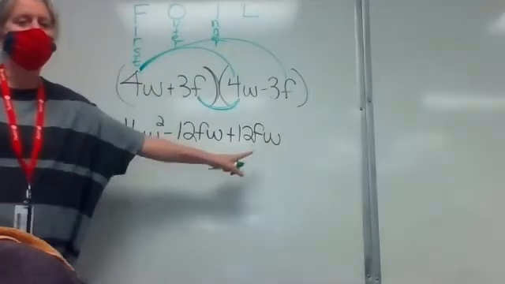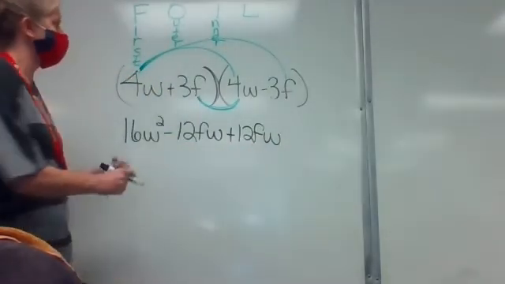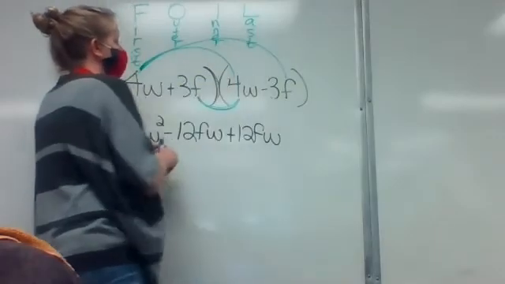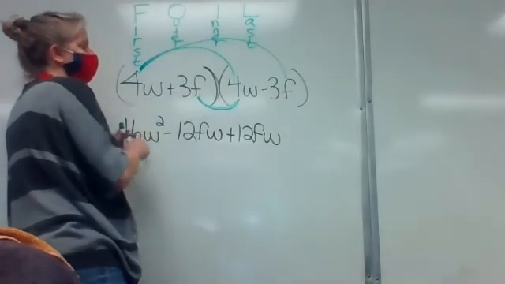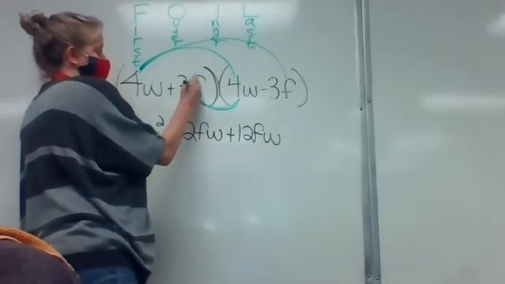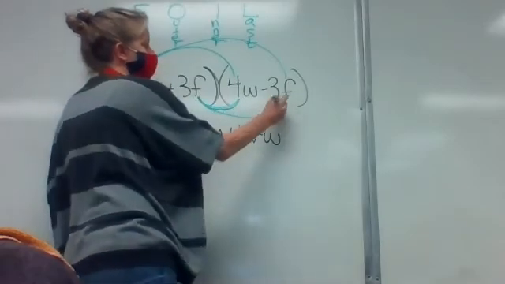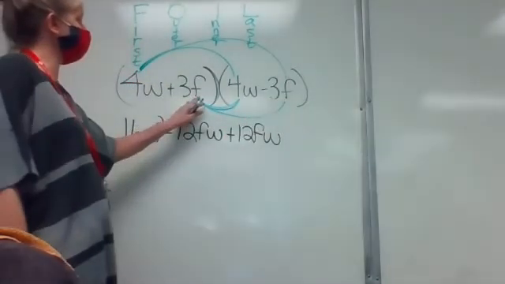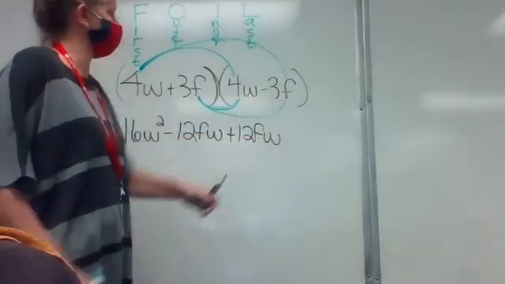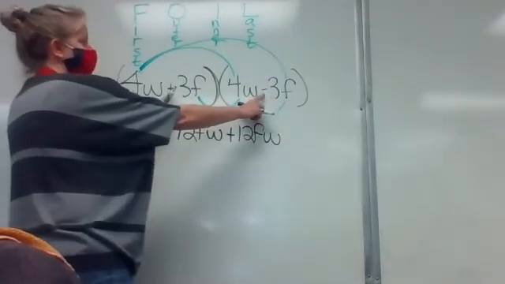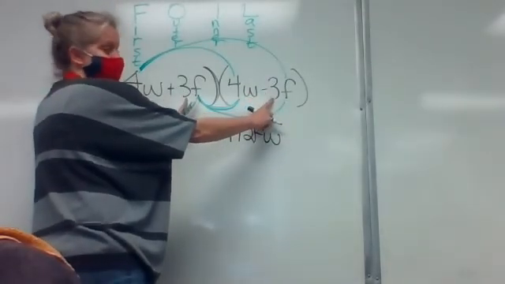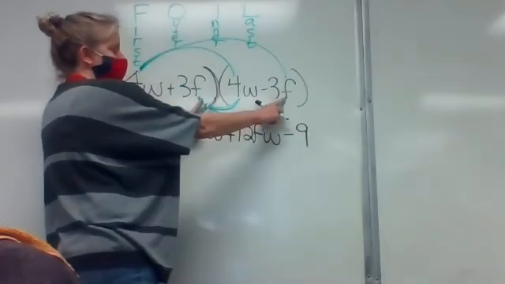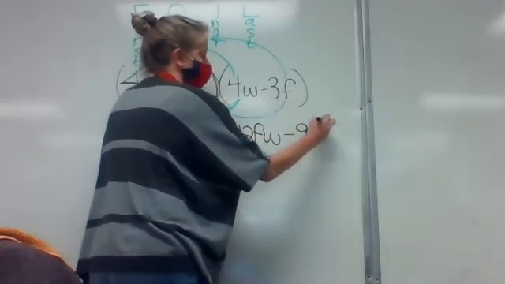Again, that's why I put them in alphabetical order, fw. Then my last, which is what the L stands for, means the last term of each parenthesis. So the last term of the first parenthesis times the last term of the last parenthesis. So I've got positive 3f times negative 3f, which gives me negative 9. And then what do you get when you multiply f times f?